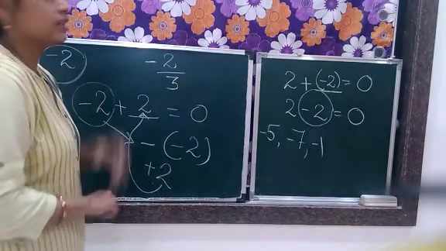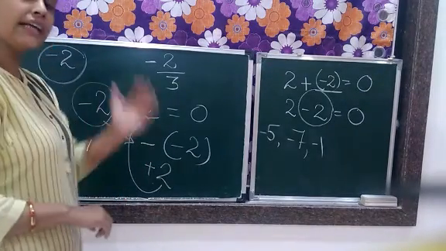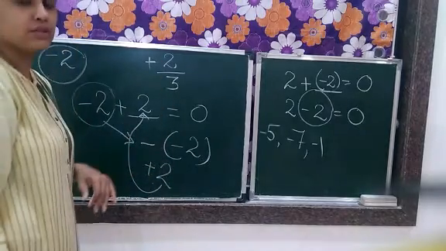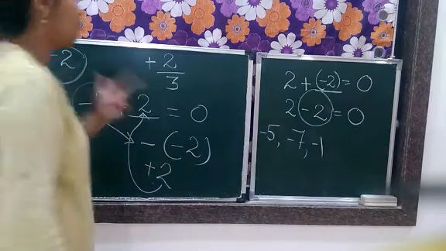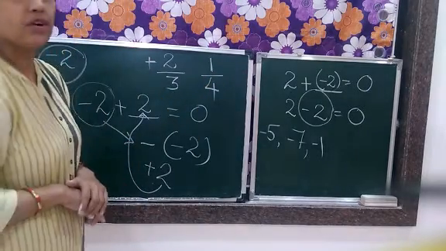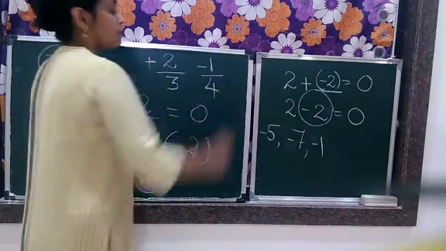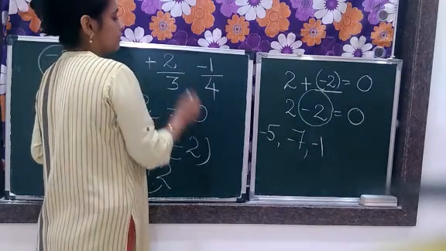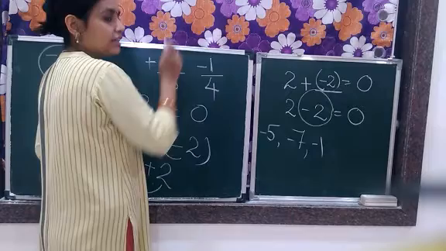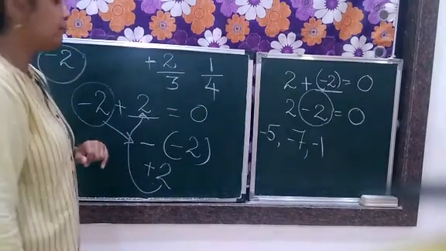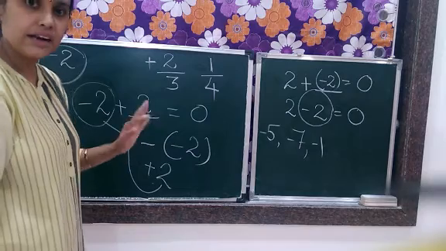What is the additive inverse of minus 2 by 3? Opposite, plus 2 by 3. Got it? What is the additive inverse of 1 by 4? Minus 1 by 4. What is the additive inverse of minus 1 by 4? Plus 1 by 4. So did you understand additive inverse?